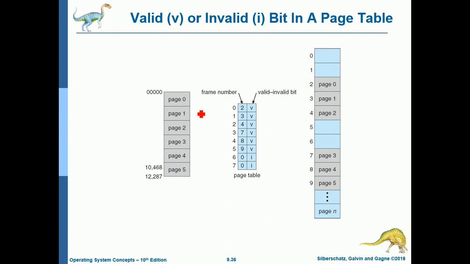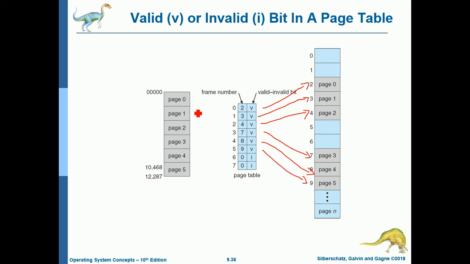Page 0 will be located in frame number 2 of the physical memory. Then page 1 will be in frame number 3, and page 2 will be in frame number 4. Then page 3 will be in frame number 7, page 4 will be in frame number 8, and page 5 will be in frame number 9.